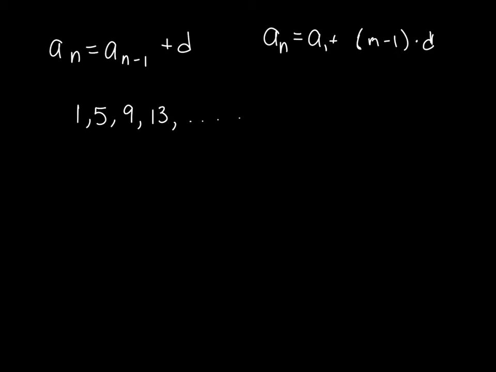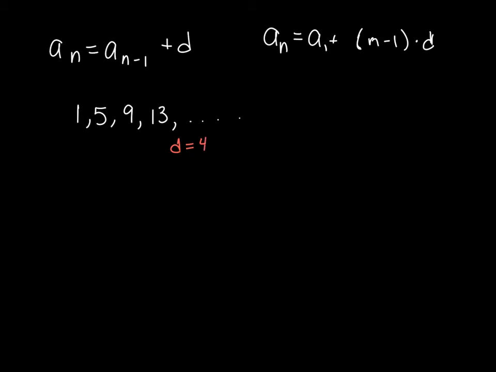And we talked about that before. The common difference with this, 13 minus 9 is 4, 9 minus 5 is 4, 5 minus 1 is 4. So again, that common difference, d, is equal to 4.